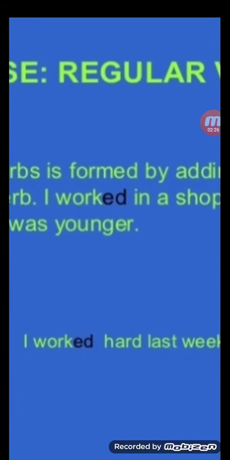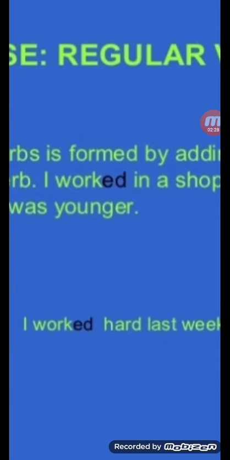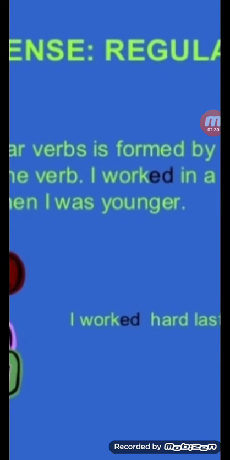You might have noticed we have used ed with the first form of the verb when we are forming the affirmative sentences. Affirmative sentences are the sentences which are neither negative nor interrogative. Rather, these are called assertive or positive sentences.